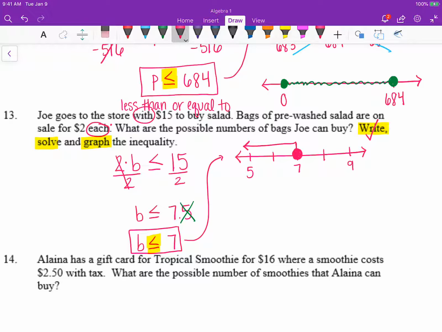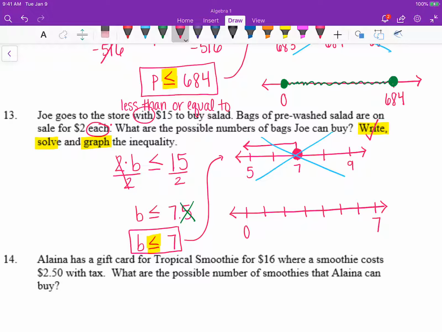And Joe can't go to the store and say, I want -3 bags of salad. So negative numbers are not logical here again. So we're going to actually cross that off because that number line is not accurate. It's not logical. So when I draw my new one, it is okay to buy 0 bags of salad if he goes there and decides he doesn't want any, but he just can't be negative. Okay, so 0, 1, 2, 3, 4, 5, 6, 7 would be right here then.